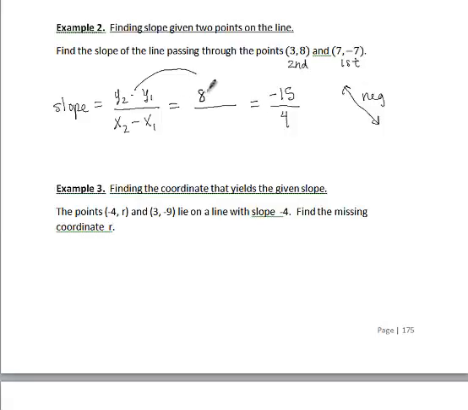So now we're going to get an 8 minus a 7 on the top, and this other 7 is negative, so y2 is now 8, y1 is now a negative 7. So we say minus a minus 7. On the bottom, x2 is now 3, x1 is now 7, and we subtract the 2.